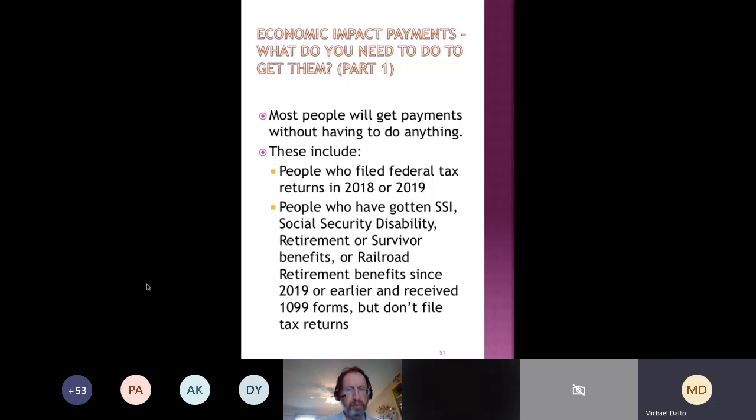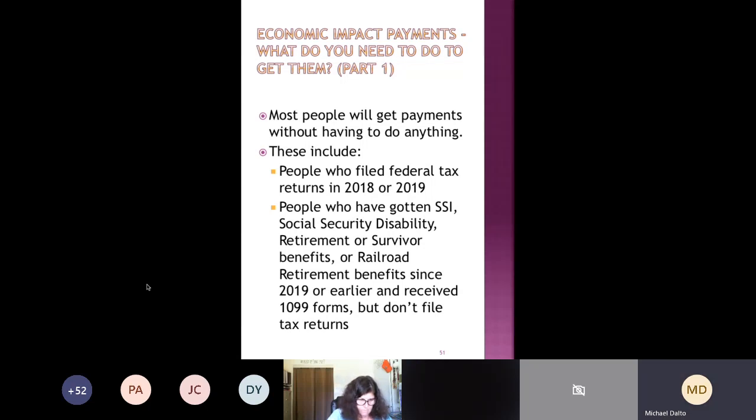And most people will get these payments without having to do anything. If a person has filed a federal tax return in 2018 or 2019, or both, they'll get a payment without having to do anything.